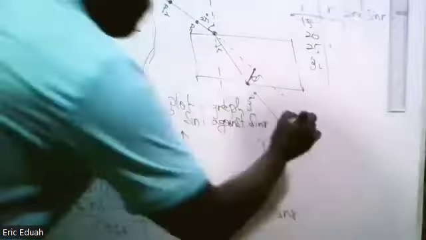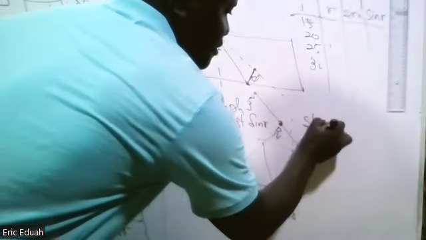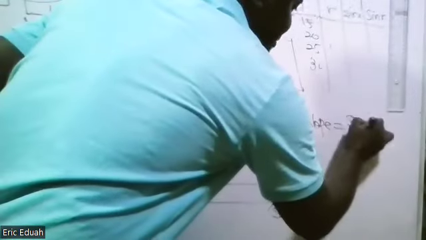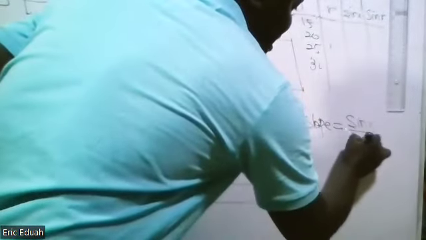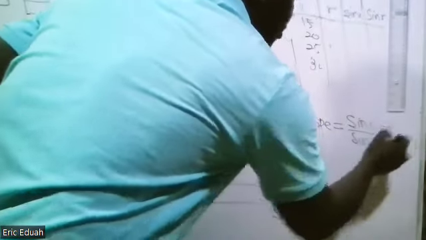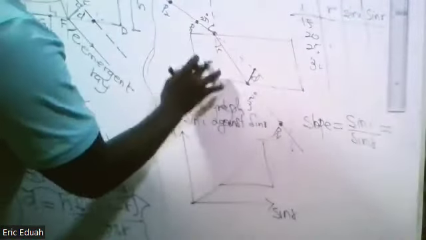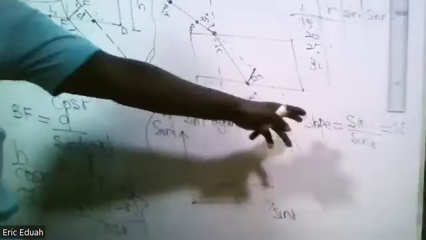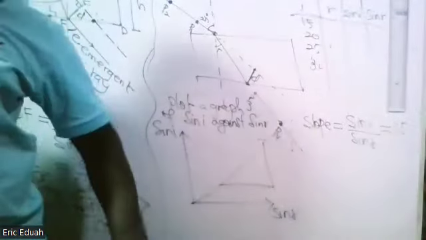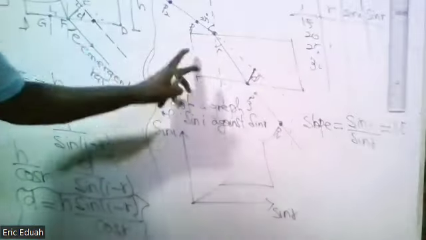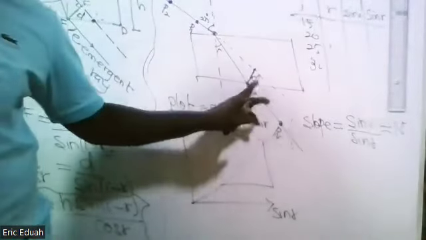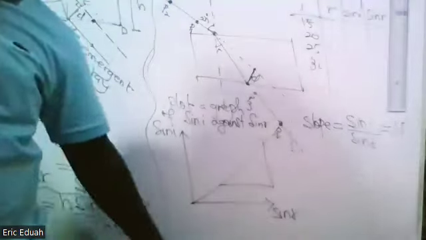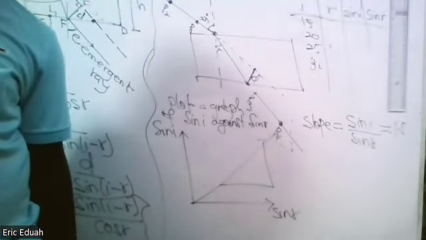So the slope of this graph, which is sine I over sine R, must be equal to the refractive index of the glass block, maybe 1.5. So the refractive index of glass is around 1.5. So if you conducted the right experiment, you get a value close to 1.5.